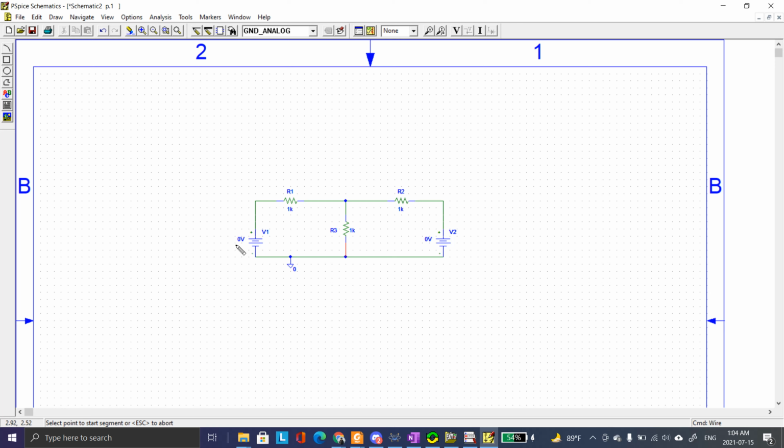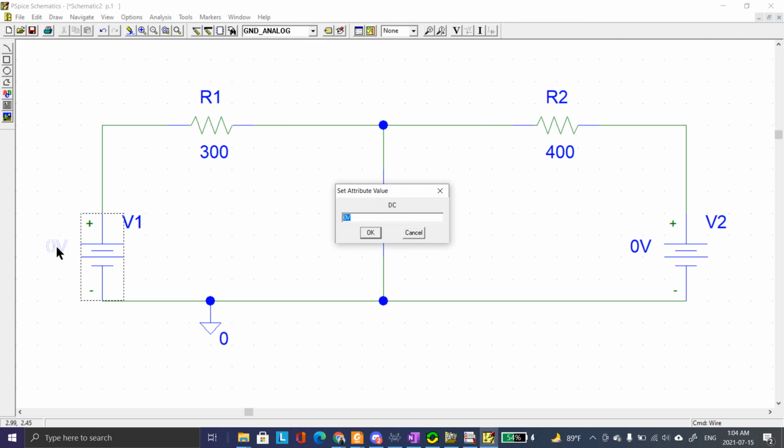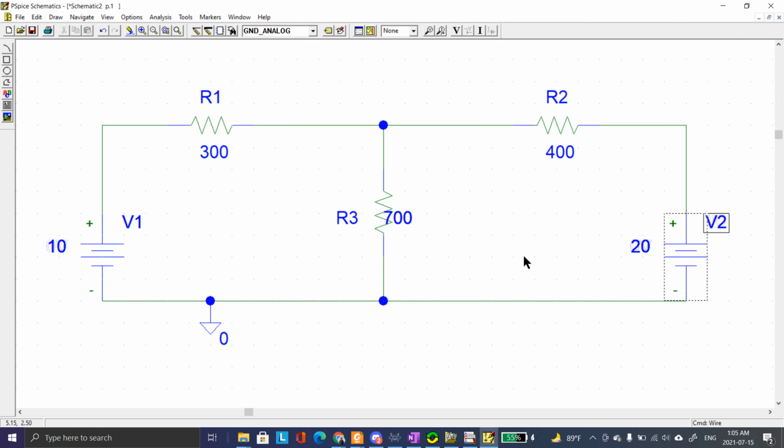Let's give values: R1 to be 300 ohms, R2 to be 400, and R3 to be 700. And let's make V1 10 volt and V2 20 volt.